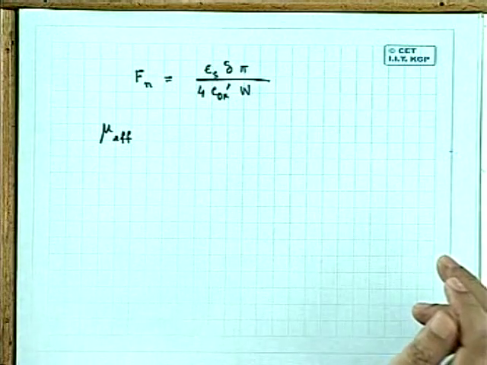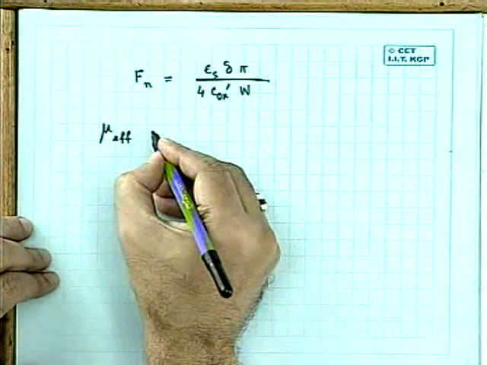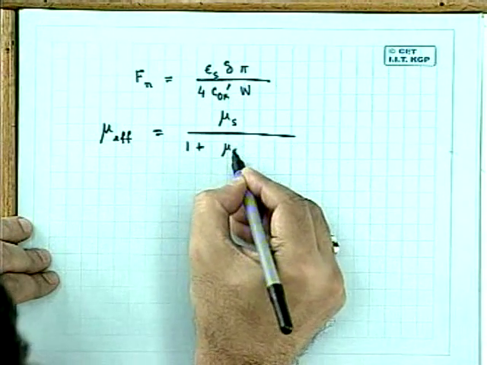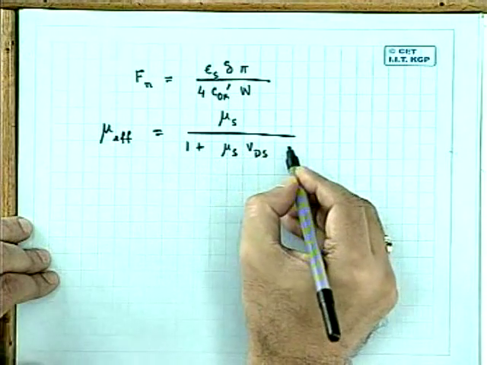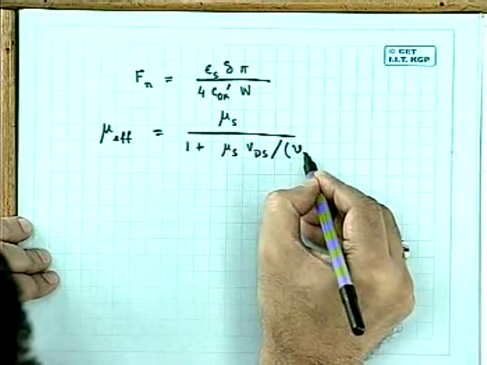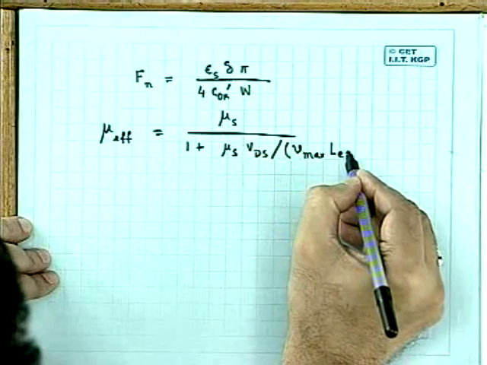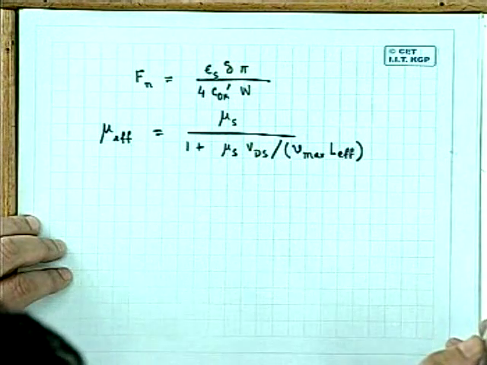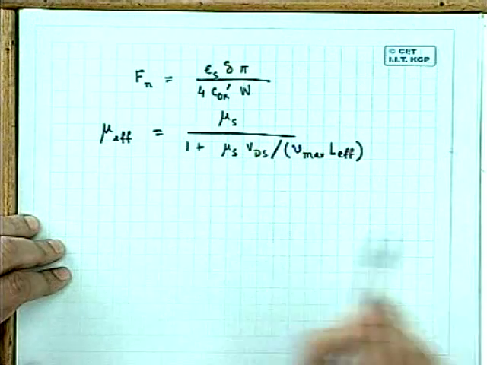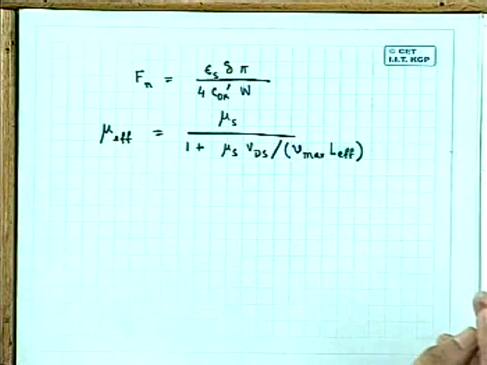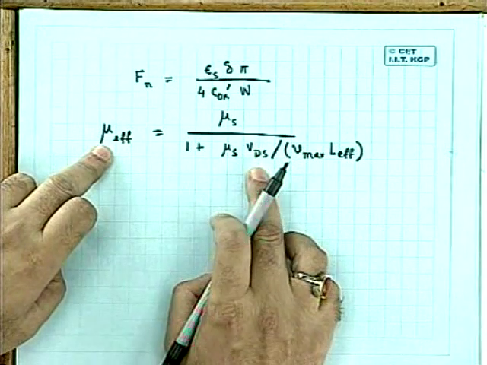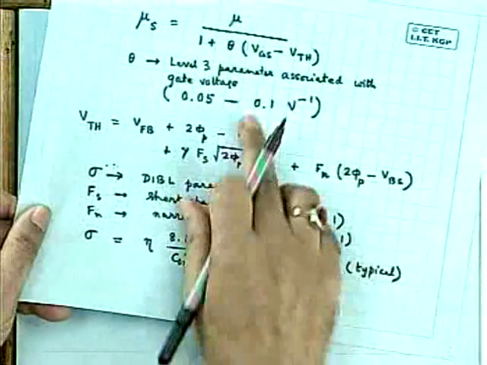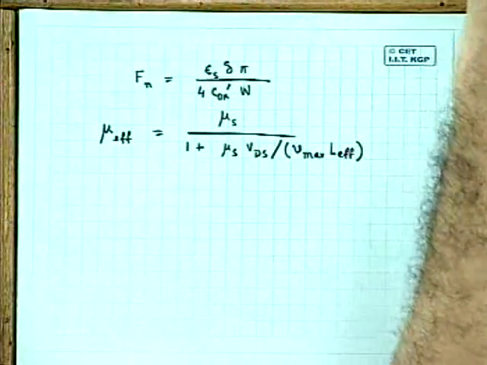In the equation for ID, mu now becomes mu effective, which is given by mu s divided by 1 plus mu s VDS divided by something that takes into account the velocity saturation effect, the lateral field dependence. The mu effective now depends on VDS. Earlier, mu s was dependent only on VGS. Now VDS dependence has also been introduced.